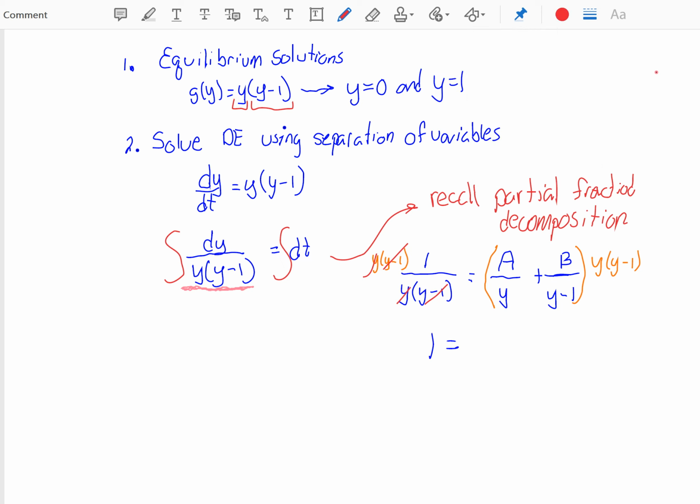On the right-hand side, you'll distribute this product to each fraction. When y(y minus 1) hits the first fraction, the y's will cancel, and we'll have just a times (y minus 1). When it hits your second fraction, the y minus 1's will cancel, leaving b times y.